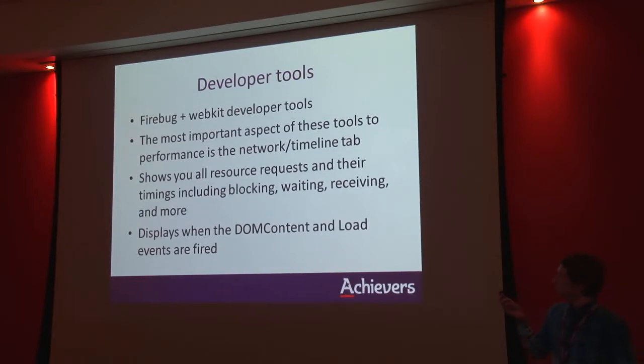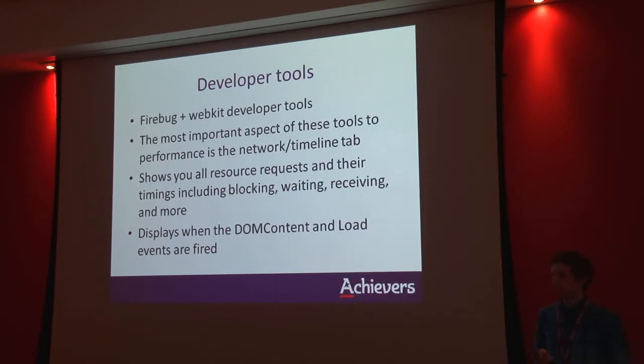So when you use a developer tool like this, the most important tab, in my mind, when it comes to performance, is the network or timeline tab, because you can see a timeline of exactly all the requests being loaded, how long they take, whether they're blocking, and then you get to also see when your content is fully loaded and the final load event is fired, which means that your page is basically ready to be used.